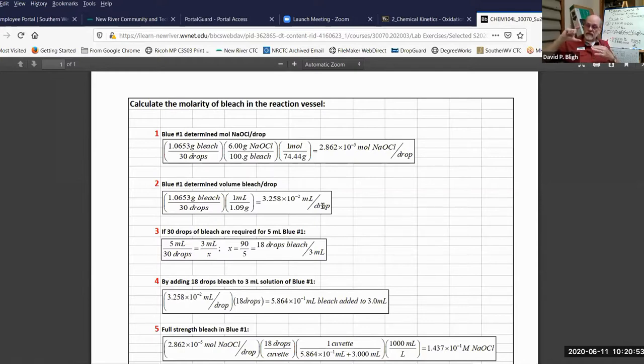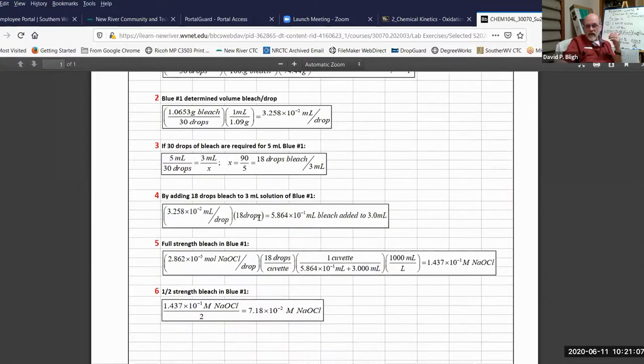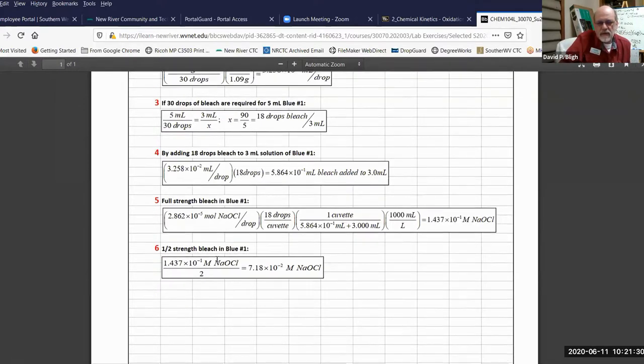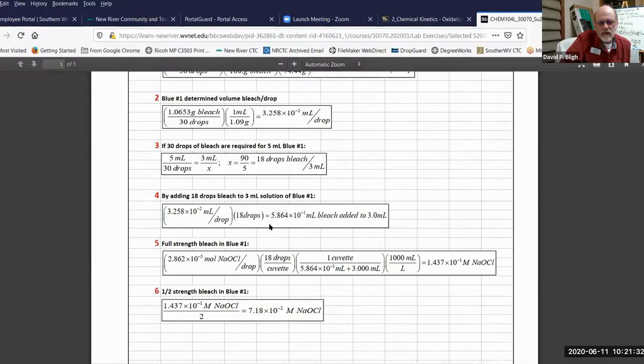First, you add 3 milliliters with a volumetric pipette. Then you add the bleach, so many drops, and since so many drops is that many mLs per drop, then 18 drops gives you this many mLs of bleach that you add to the 3 mLs, and your total volume is the summation of 3 plus that value. So then to determine the concentration, you know how many moles of sodium hypochlorite are per drop, because, where did we determine that?